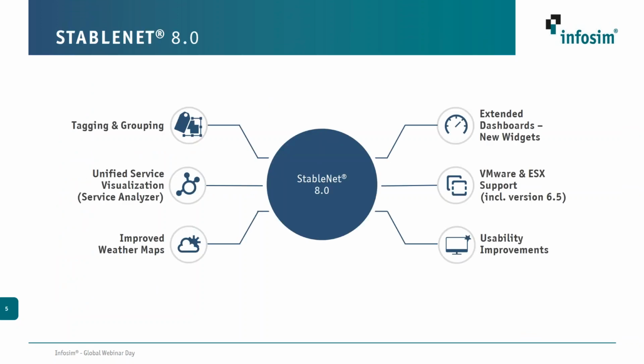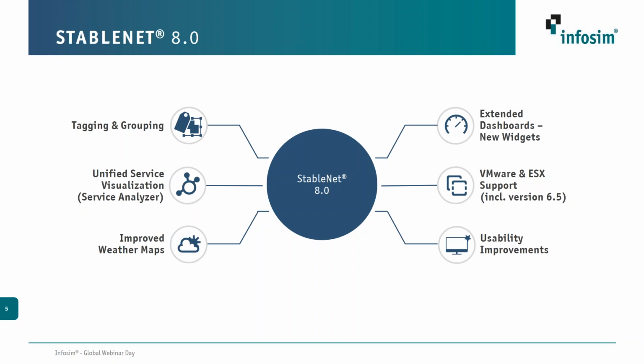Okay, let's start right ahead. So in March this year, we released StableNet version 8. And I know a lot of you already tested it. Many of you already have this StableNet version running in the labs. But I want to use this opportunity to give an overview of the new important features that we have in StableNet 8.0.